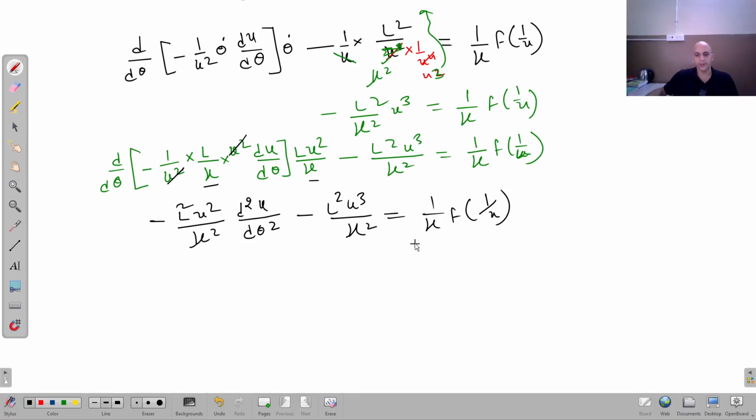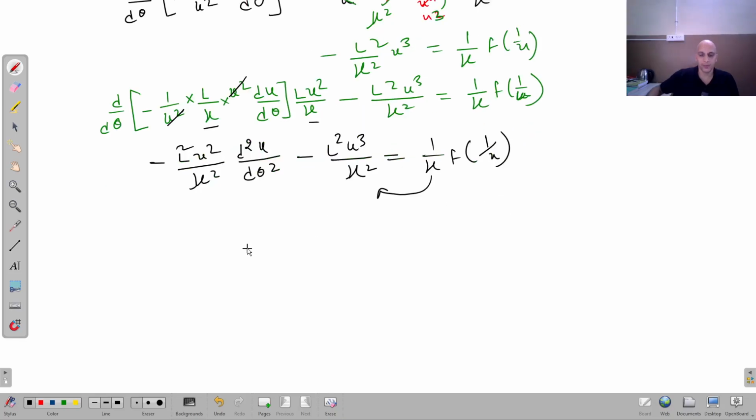I can further simplify it by taking mu to this side. I can simply multiply by mu on both sides. So in that case I will get minus L square u square upon mu, let me correct it, mu into d square u upon d theta square, minus L square u cube upon mu.